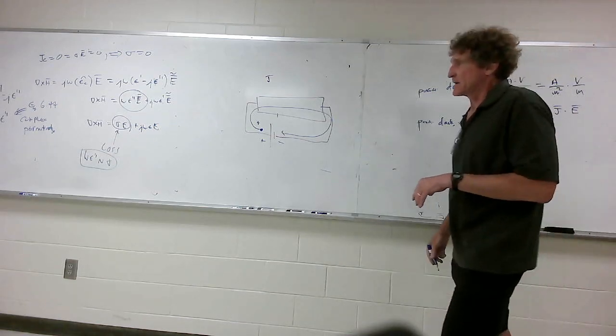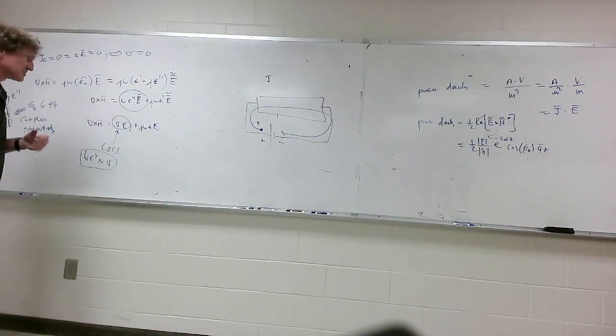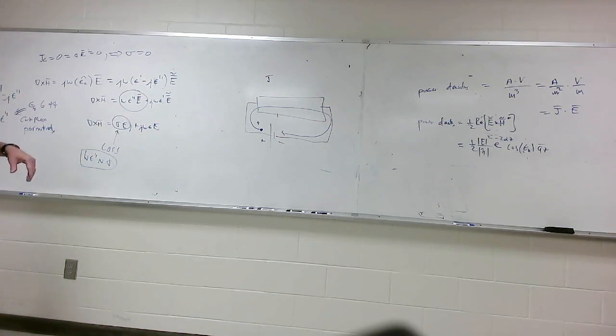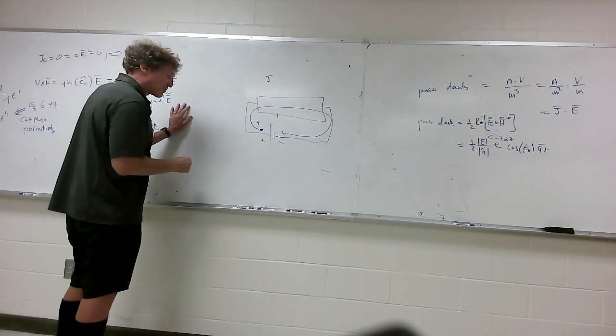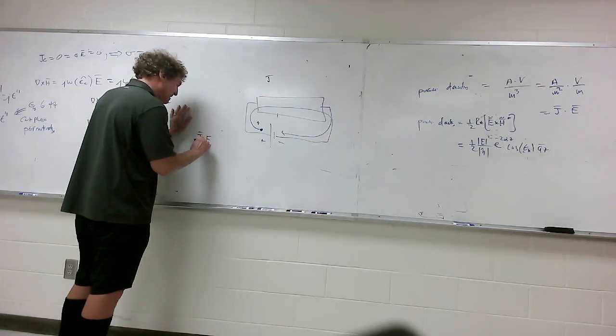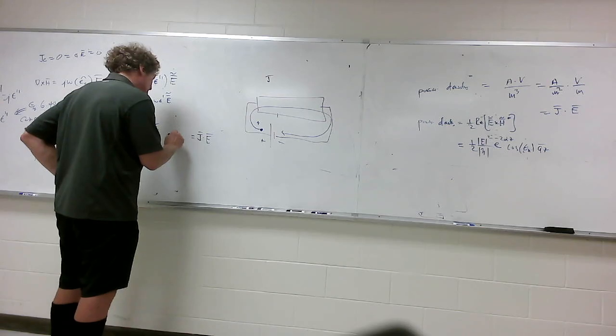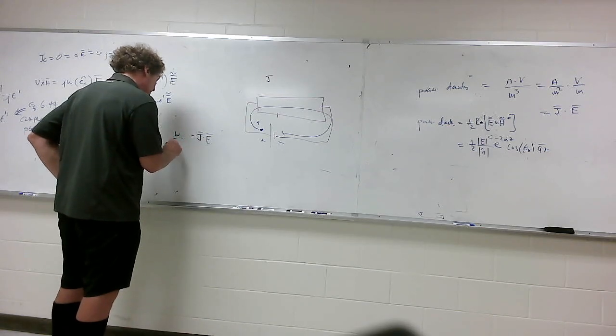I may confuse you if I go right from this derivation to power density, but let me just say this. If you take a look at the actual, well, you would normally say that the amount of power lost would be equal to J dot E, which, if you think about that, would be watts per meter cubed.